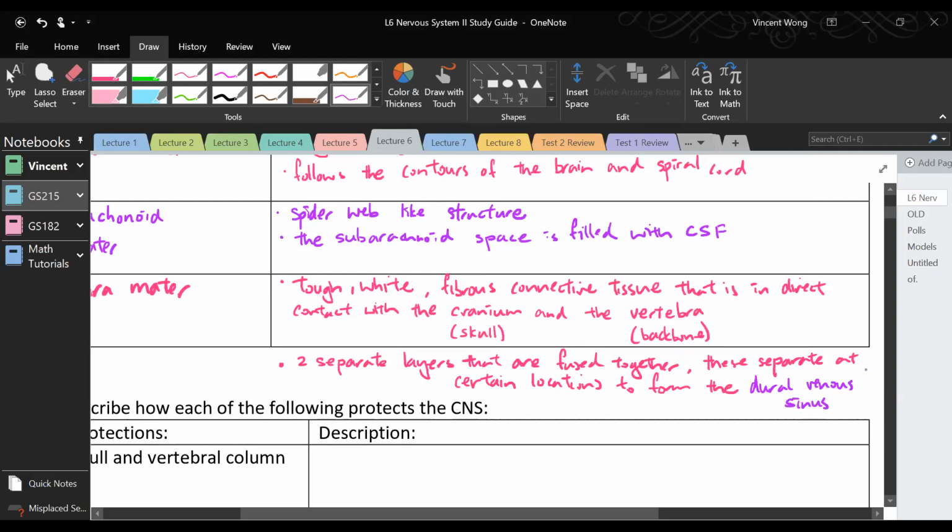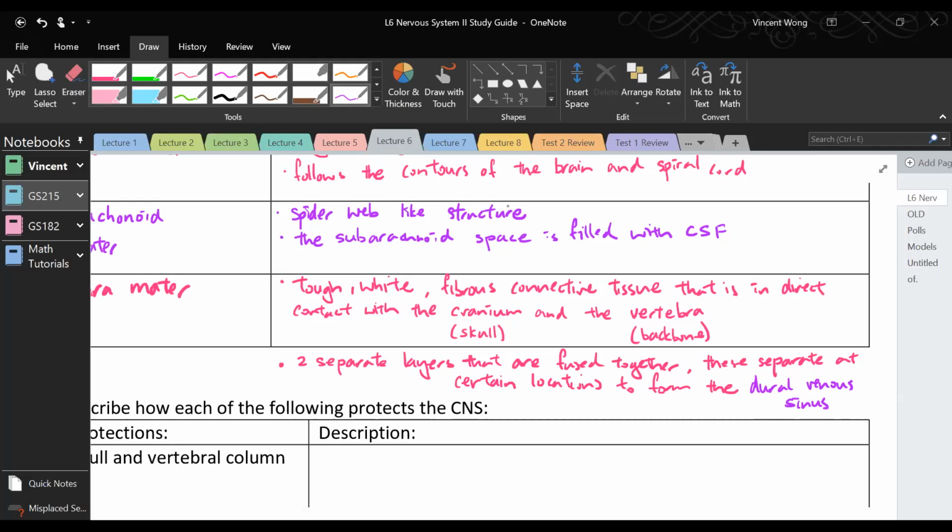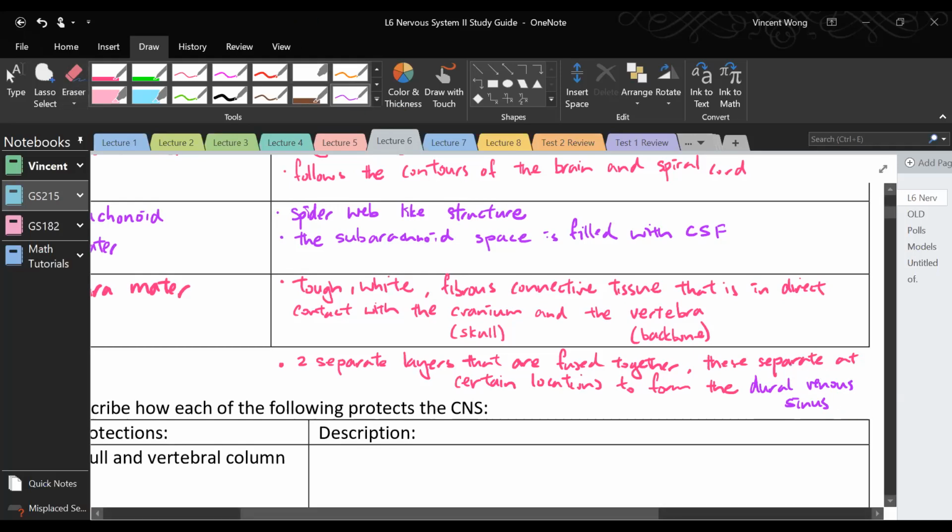The durovenous sinus is where you will be draining the excess CSF, right? We'll come back to that later.